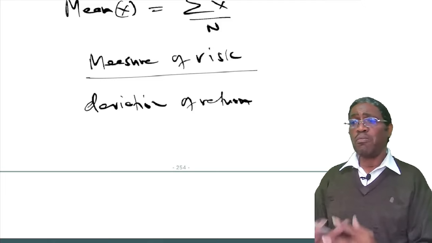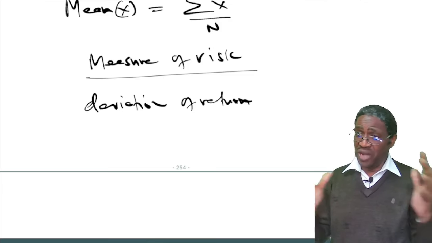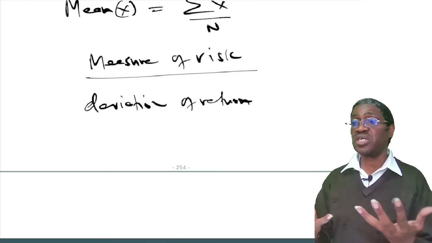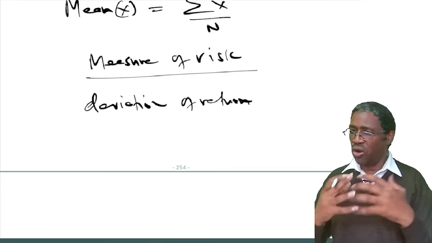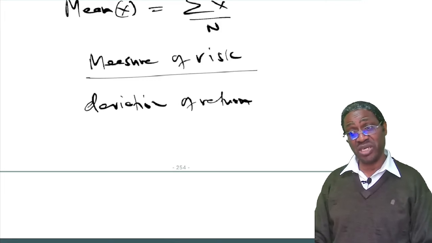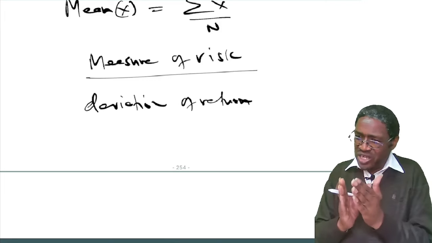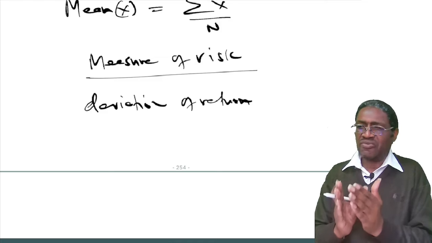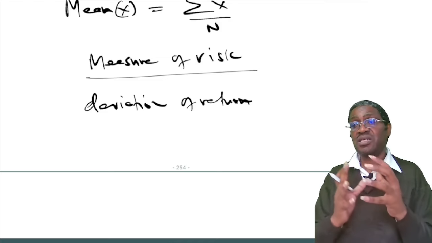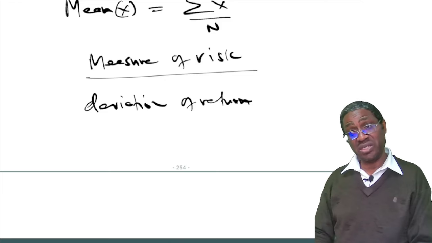Okay? So the more they deviate from the average, the more risky the investment. The more those returns deviate from the average, the more risk the investment has. The less the deviation from the mean, the less risky the investment is. Are you following?